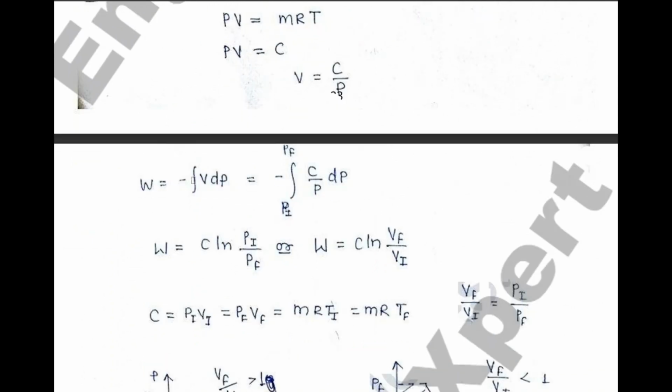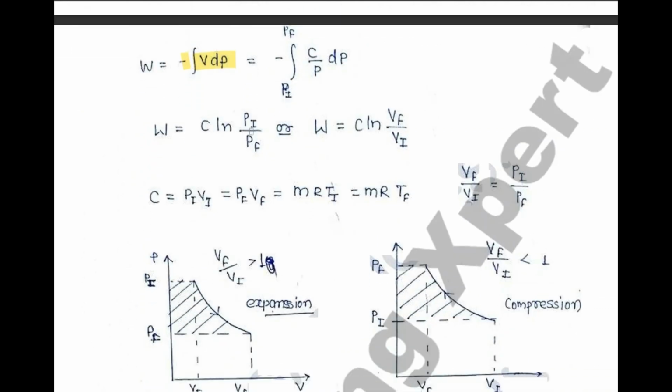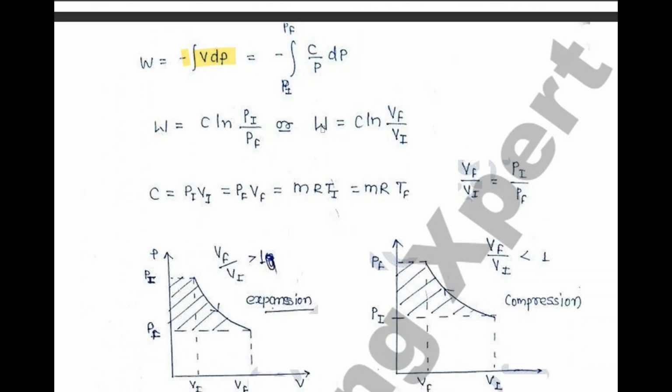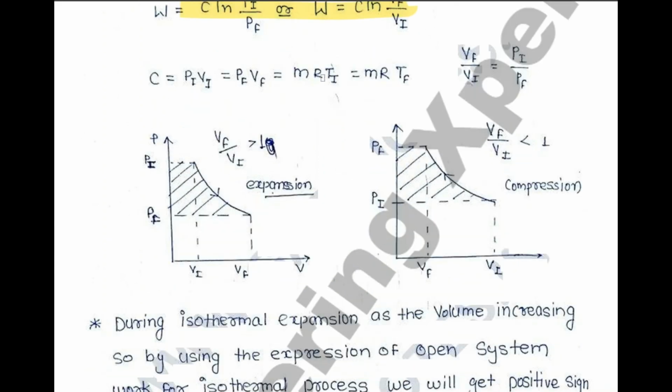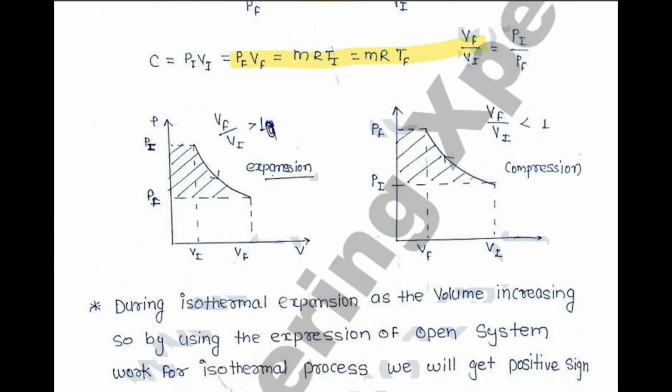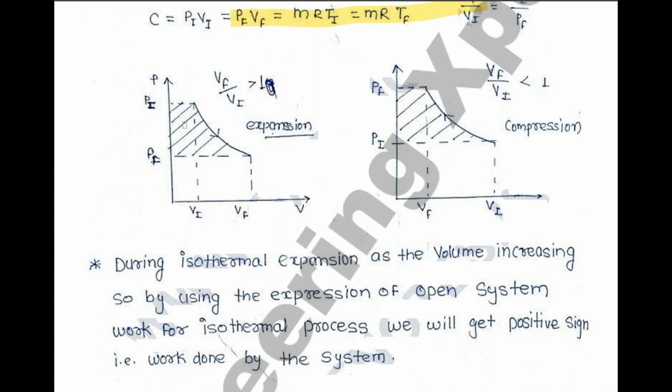Just here it is VdP with a negative sign to consider, and the integration is quite simple as earlier. So this will be the final result for our work, and C can be found as I have discussed earlier. This represents the work in graphical format.